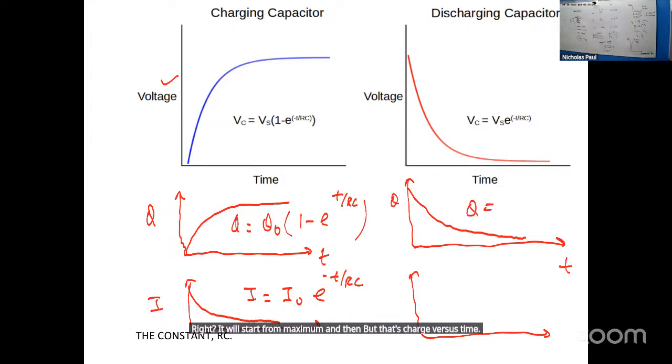So Q is equal to Q naught e to the minus t over RC. What would current look like though? When you connect this circuit, current will flow. It will be maximum and flow like that. Because when it closes, you have current flowing, so the current will start at a maximum value.